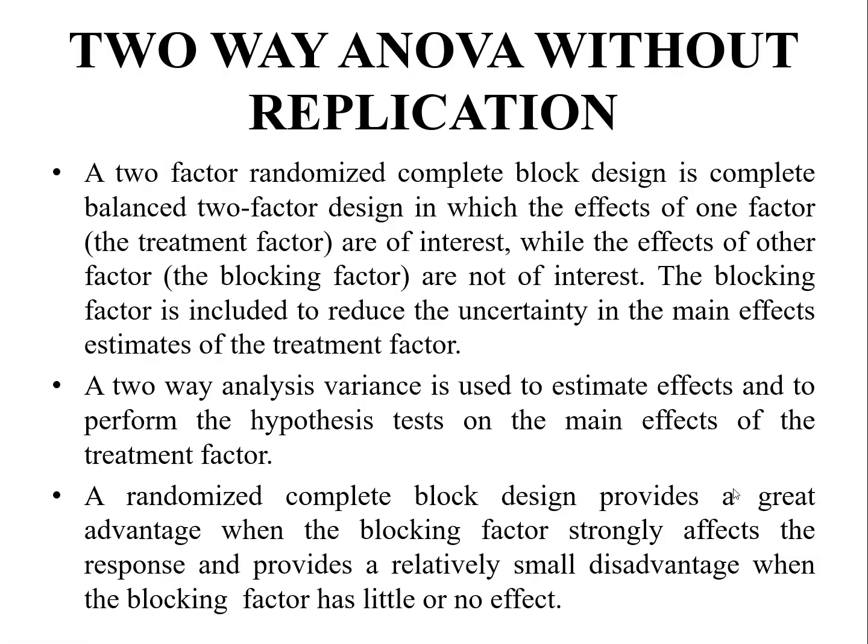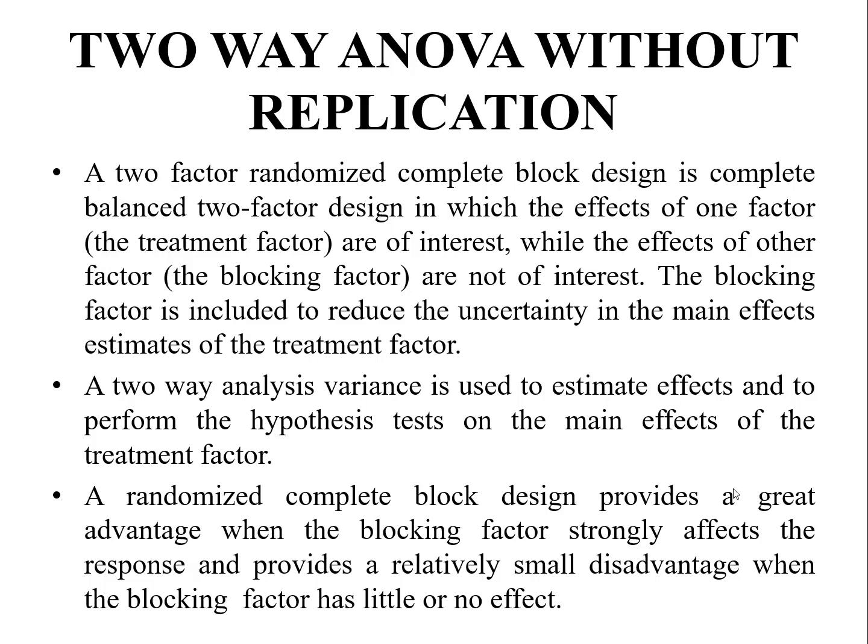So two-way ANOVA without replication, a two-factor randomized complete block design, is a completely balanced two-factor design in which the effects of one factor, the treatment factor, are of interest. Let's suppose in the previous example, the media, the print media, the newspaper and TV, are of interest, while the effect of the other factor, let's suppose in the blocks there was convenience, quality and the other things, are not of interest.